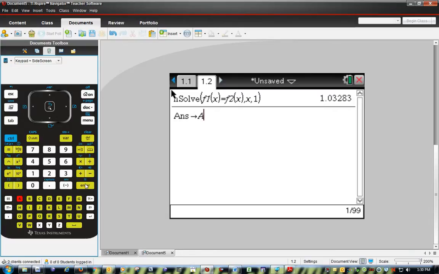Analyze graph, we're going to do the integral. The lower bound, we want to write this one in. That's not it. We wanted to go to 1.3, which is even tougher to do. So you're not going to want to do it that way at all. You really don't want to do that at all.